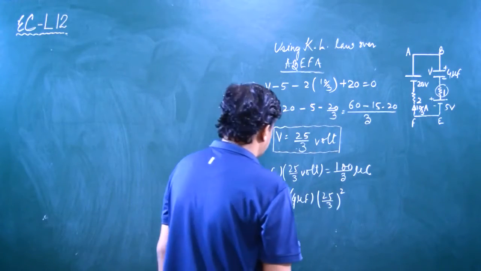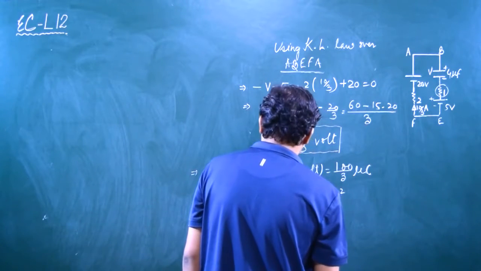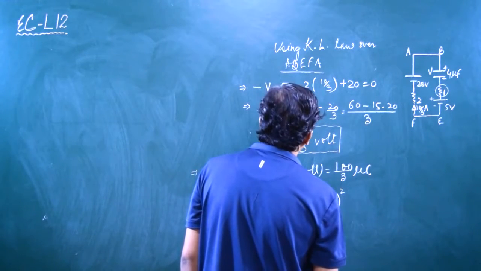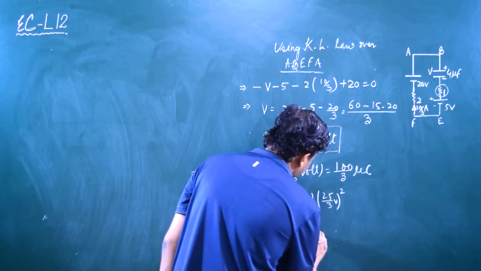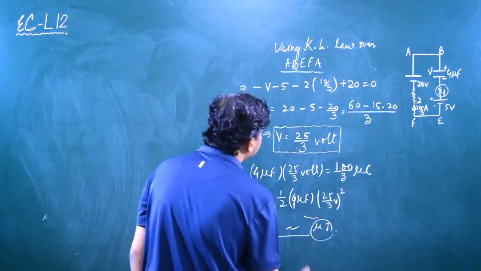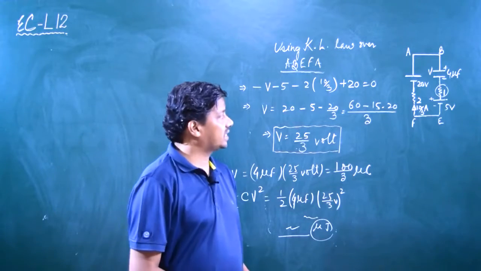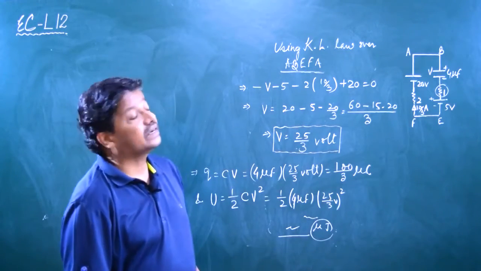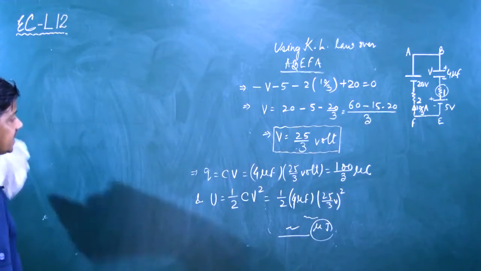Okay, solving, we get the result in microjoule. In this way you get the value of charge across the capacitor and energy stored across the capacitor. Now we move to the next question.